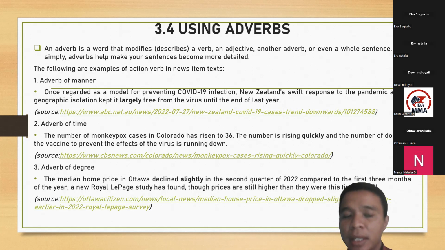As you can see, the first one, adverb of manner, such as once regarded as a model for preventing COVID-19 infection. New Zealand's swift response to the pandemic and its geographic isolation kept it largely free from the virus until the end of last year.